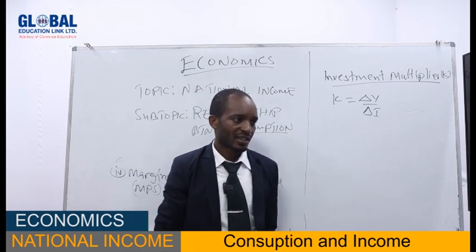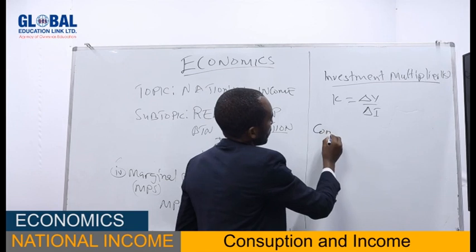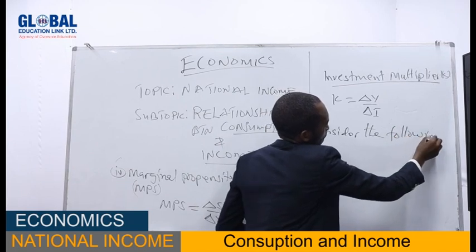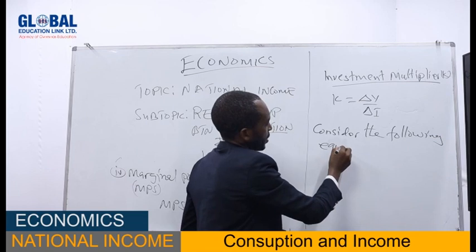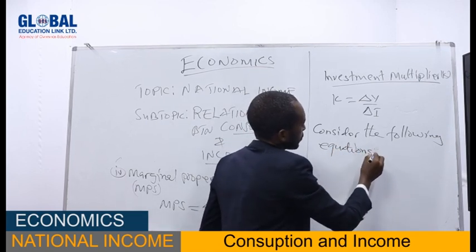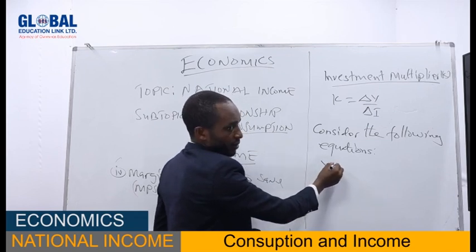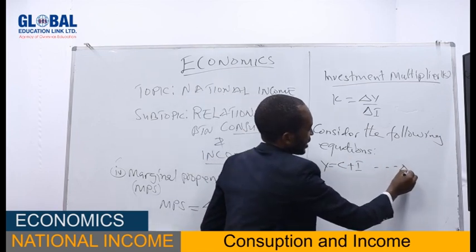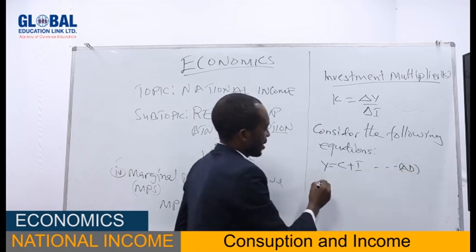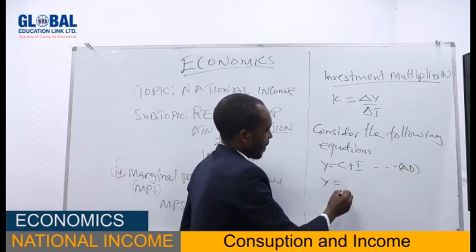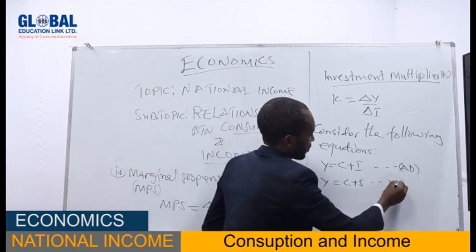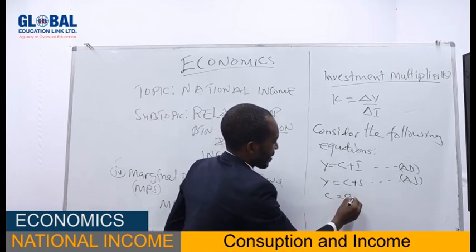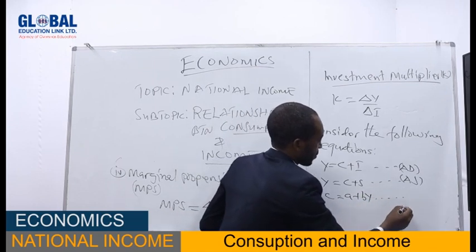Now let us derive the formula. Consider the following equations: Y equals C plus I, which is aggregate demand, and Y equals C plus S, which is aggregate supply, and C equals A plus BY, which is consumption.